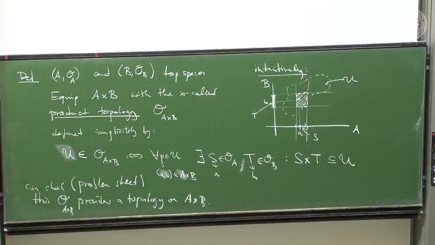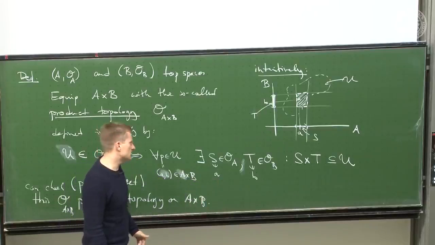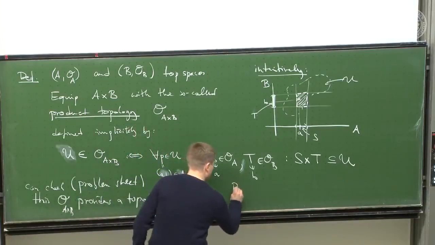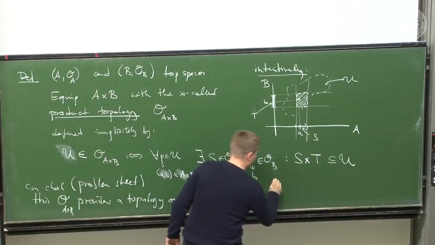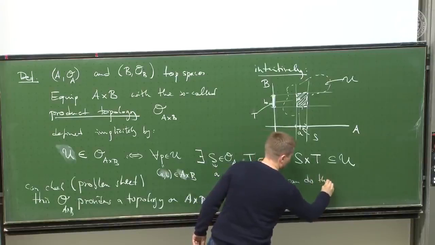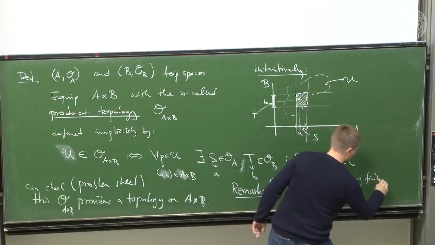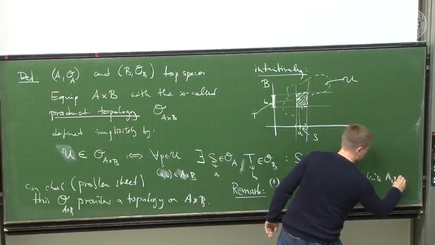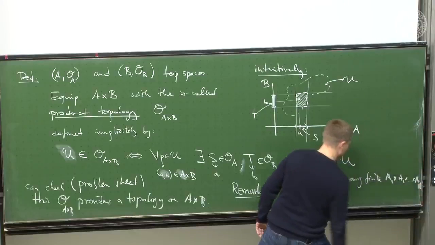And obviously, if you have it for a pair, you can do it for any finite Cartesian product. So we have a remark. One can do this for any finite A1 cross A2 cross ... cross AN.